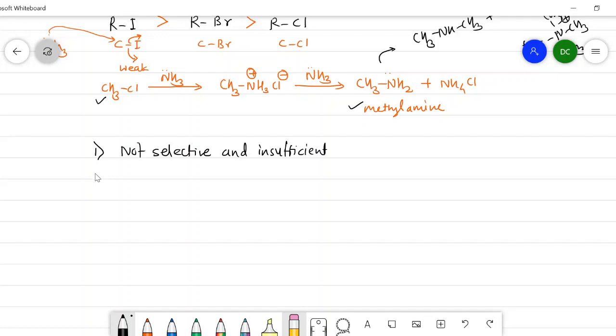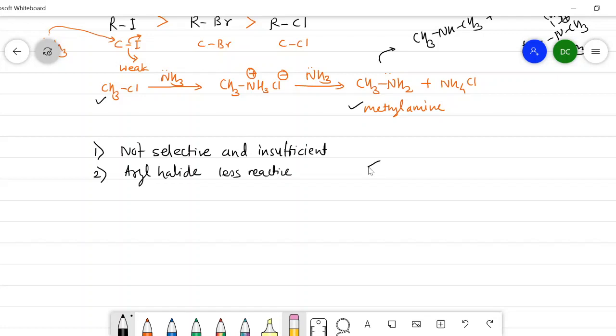Why is it so? The second disadvantage of ammonolysis is that alkyl halides undergo ammonolysis easily, but aryl halides are less reactive towards ammonolysis.